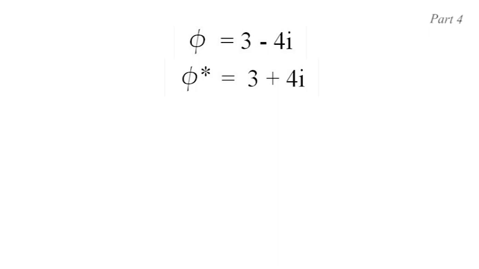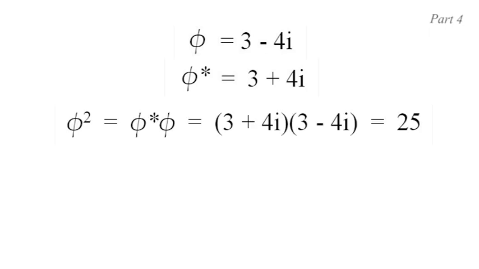Furthermore, in order to calculate the square of a complex number, you have to multiply the number by its complex conjugate. And this always gives a real number for the answer. For instance, phi star phi, or phi squared if you like, for this number would be 3 plus 4i multiplied by 3 minus 4i gives 25. The imaginary parts disappear.